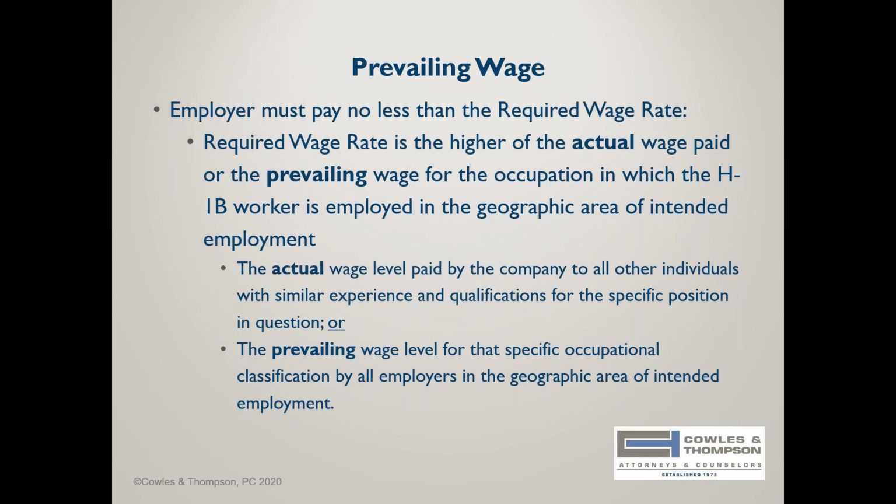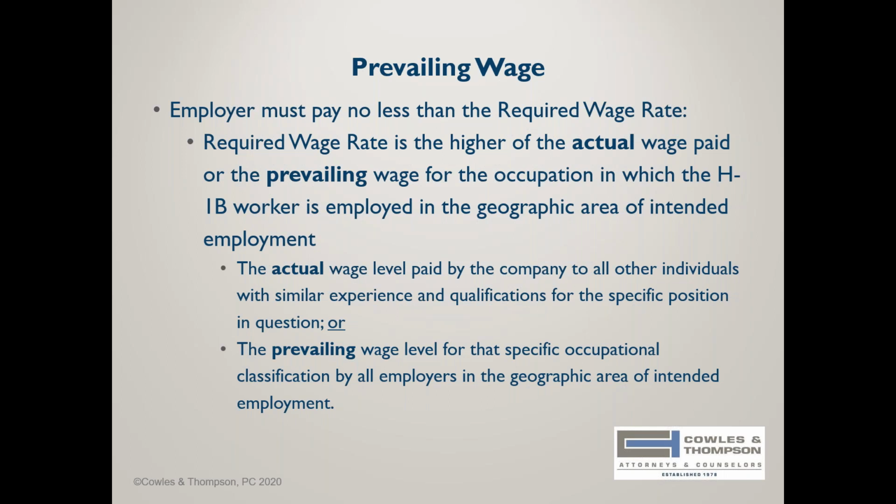Our employers tell us all the time that these wages are skewed and not reflective of what is happening in the job market. And we have to tell them, I understand, but sorry, this is the law. Exactly. And in certain occupations, the wages tend to be a little higher than in practice.